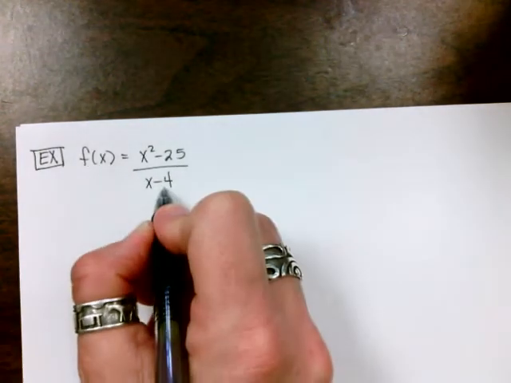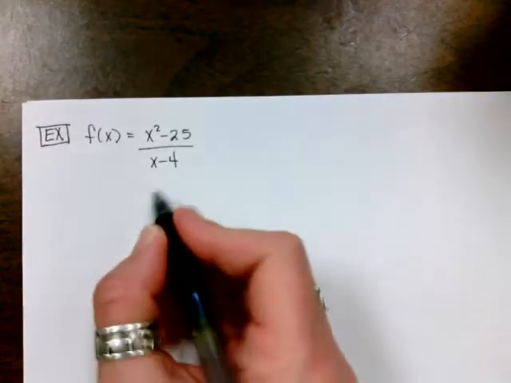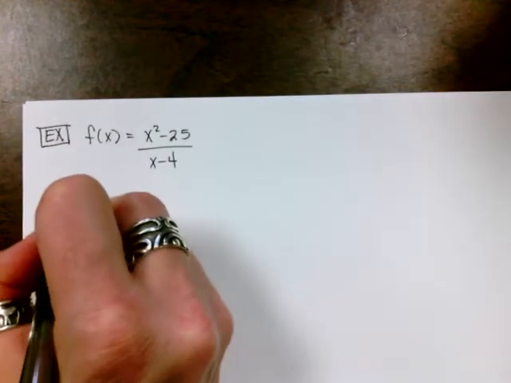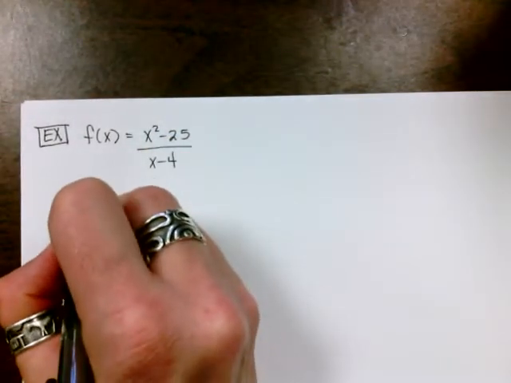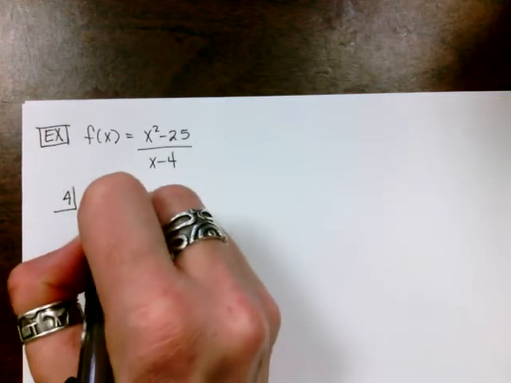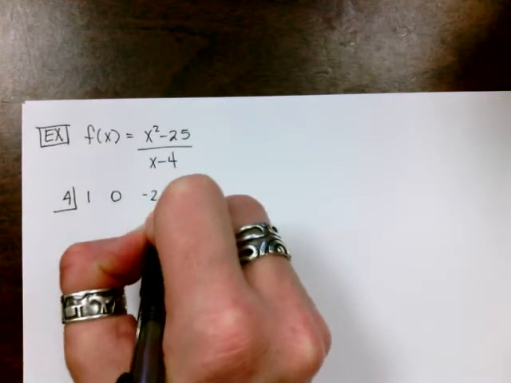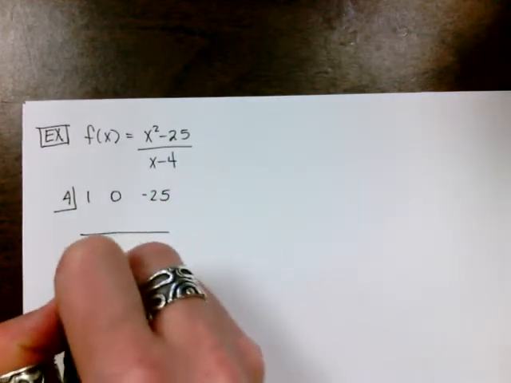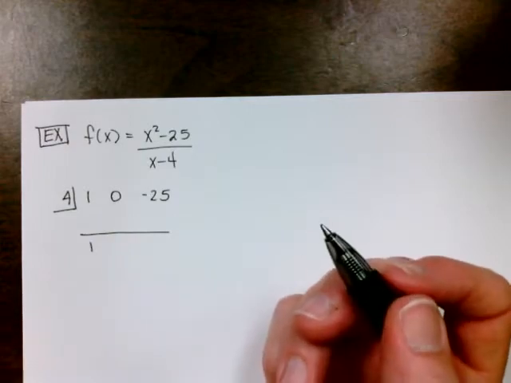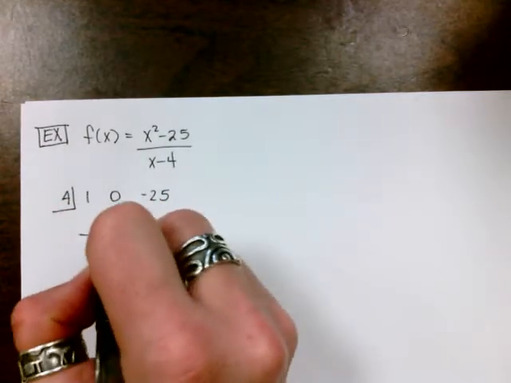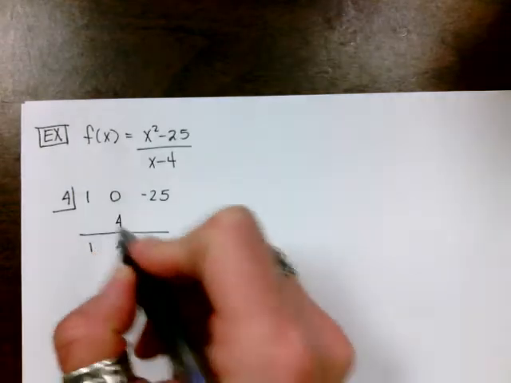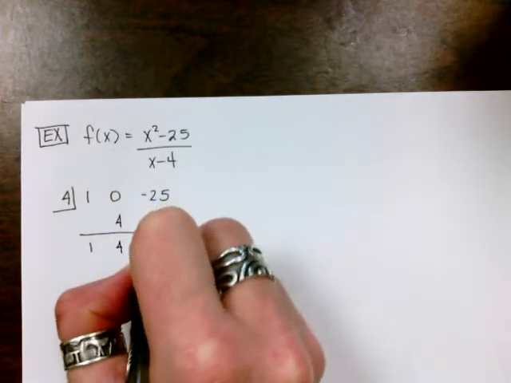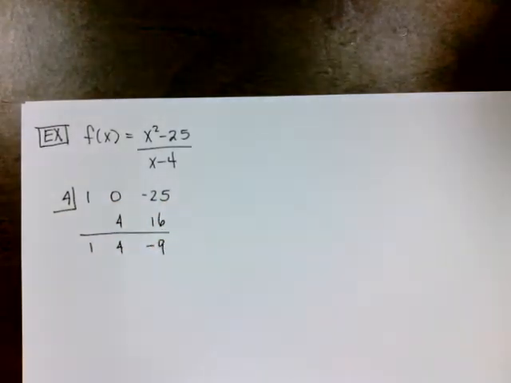This one I can actually do with synthetic division because it's a linear factor. So I'm going to divide by a positive 4, and I'm going to divide into 1x squared, 0x, and a minus 25. Remember, when you do synthetic, you always have to put placeholders in. So 4 times 1 is 4, add. 4 times 4 is 16, and add, and I get a negative 9.